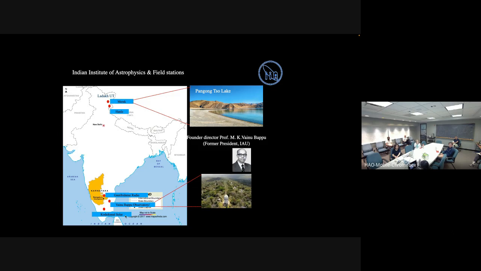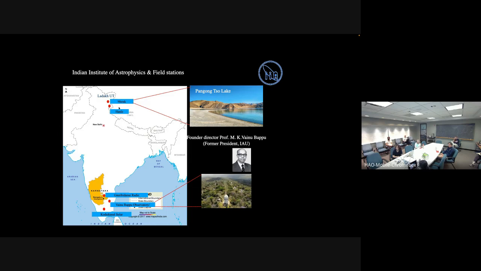And this basically has century-old archival sunspot data that is a really great mine of information. And then this Gauribidanur radio telescope, which basically can look at type 2 radio bursts and image the sun in radio.